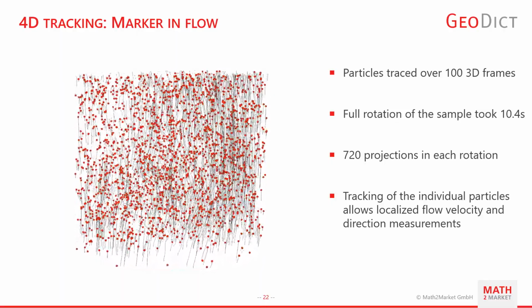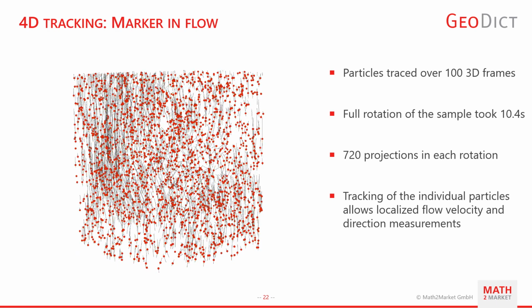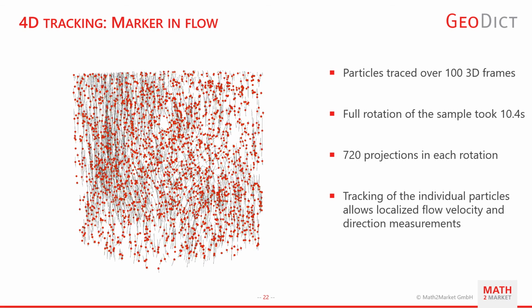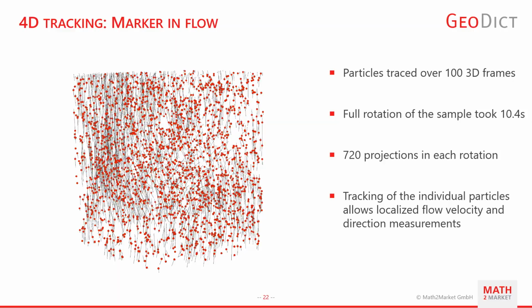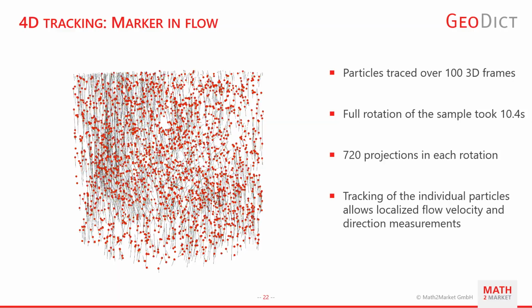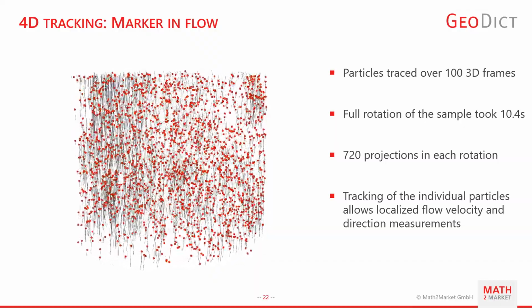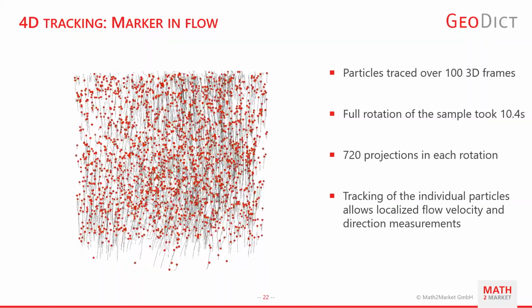And you can also see the trajectories of the particles moving now. With this method we can determine the flow velocity locally in the CT scan, because we know how far the marker moved in which time, and from that we can just compute the flow velocity of the fluid at that point.